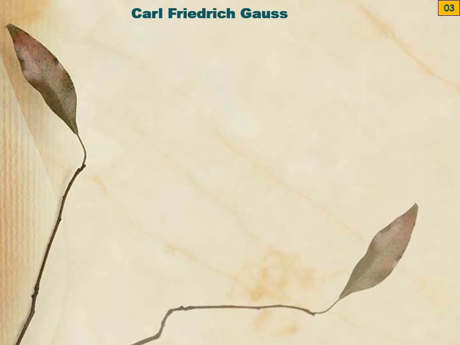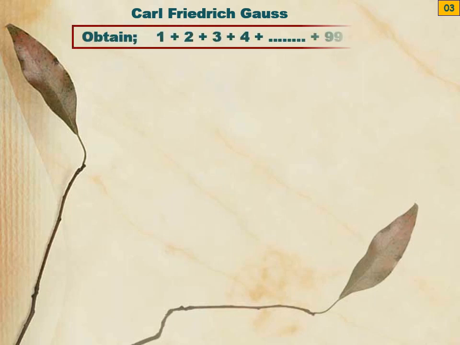The teacher punished that child and said, okay, take your pen and paper, go and sit in that corner and add these numbers, and when you get the total, then you will be allowed to sit on your class seat.